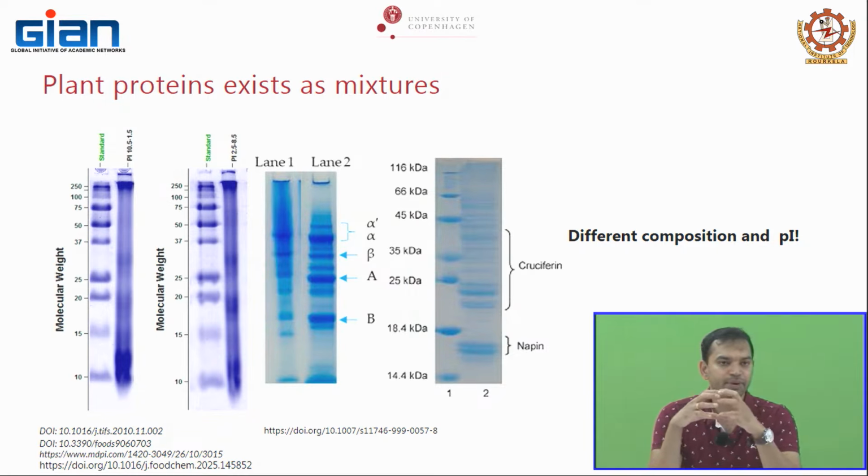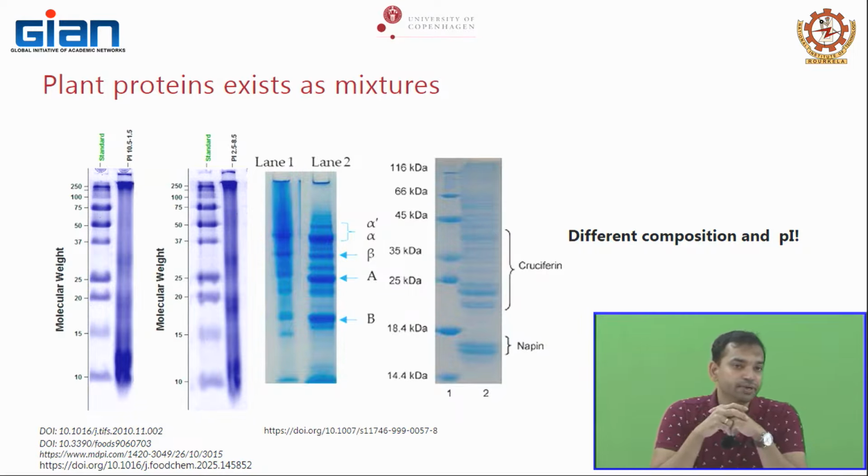Now, if I get a plant protein isolate, it is a mixture of multiple proteins and each individual protein has an individual property. Do you agree? And now I am selling it as an isolate to everybody, but my end user might be dissolving it in water. My other end user may be trying to make a yogurt out of it. My other end user is trying to make an infant formula out of it, right.